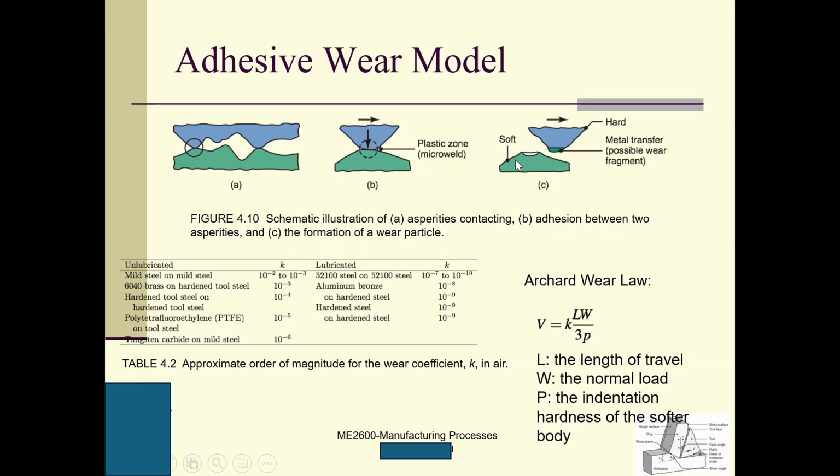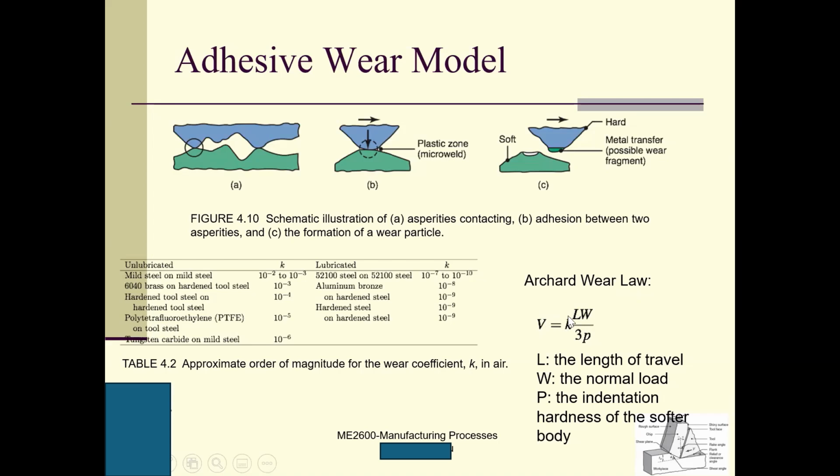Suppose this is softer and this is harder, so this is a wear. This material, at the very beginning, is here, but it comes together with this harder material. So here we will have a crater like this, which is the feature here.